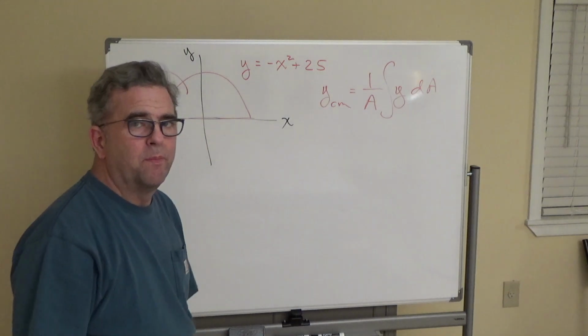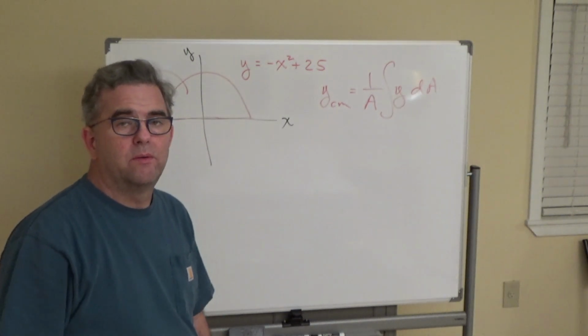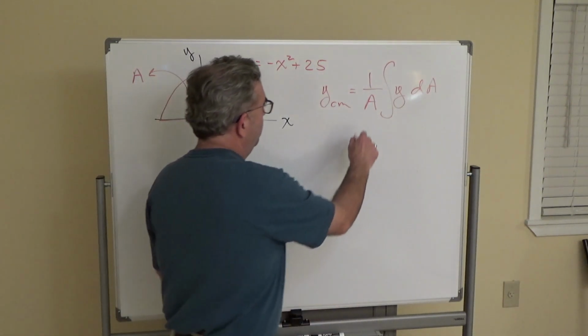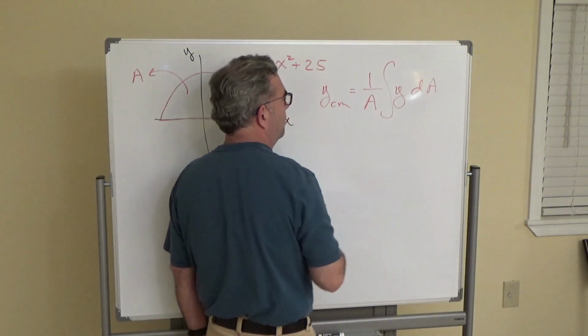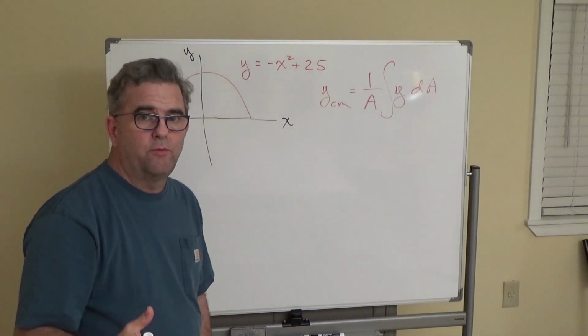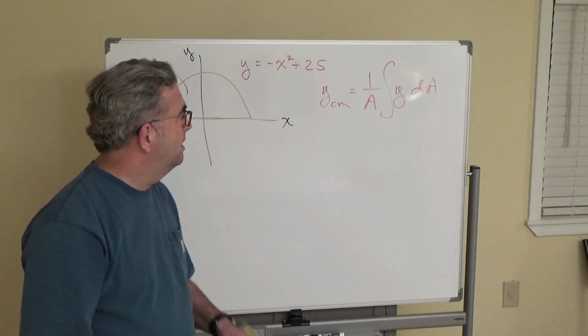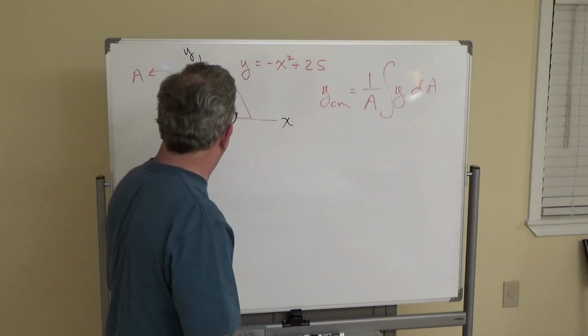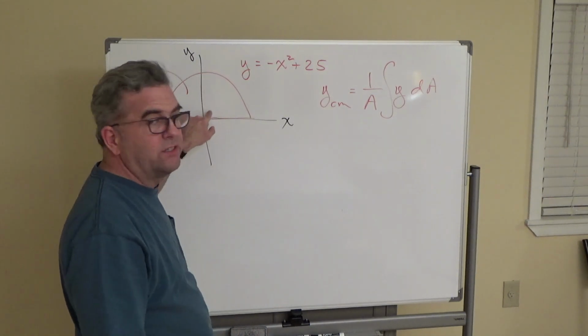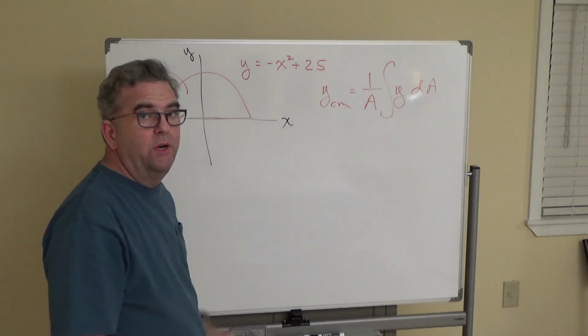What happened to rho? Well, you had a rho A here and a rho A here, and they canceled. And since it's uniform density, that works. If it weren't uniform density, that would not be the case. You would have to take into account that there's more mass over here than there is over here.